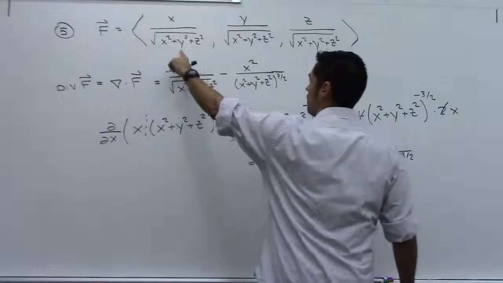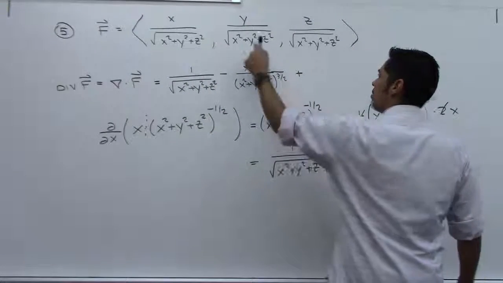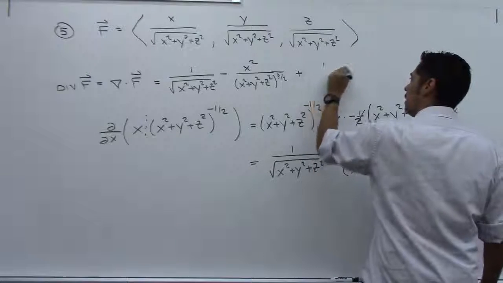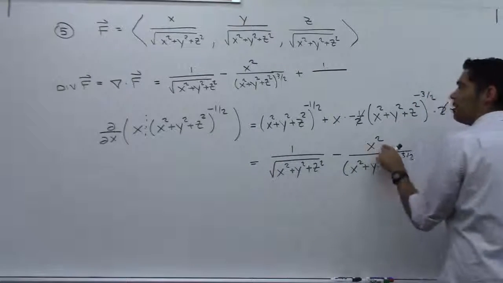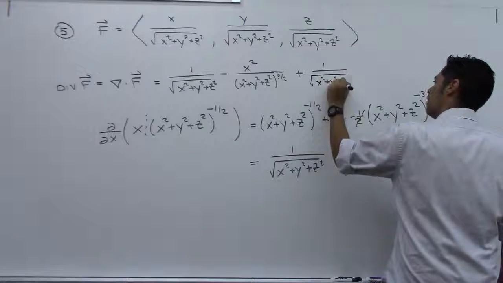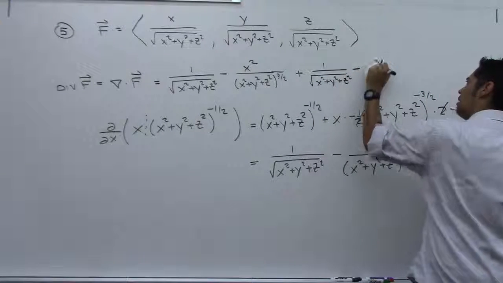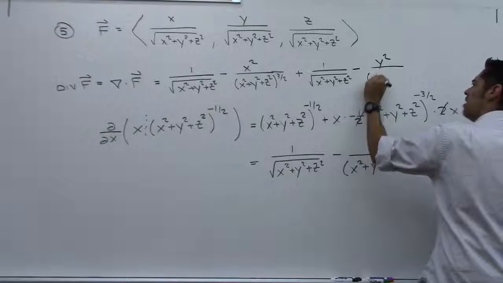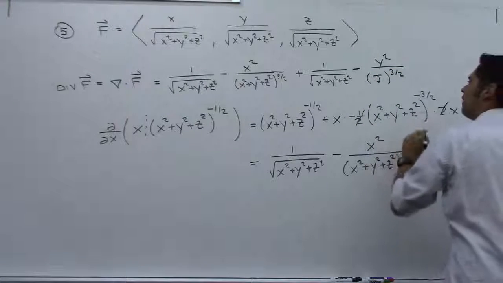That's the partial of this with respect to x, plus the partial of this with respect to y should be, again, this thing, but with the y squared here. So 1 over square root x squared plus y squared plus z squared minus y squared over all that junk to the 3/2, okay?